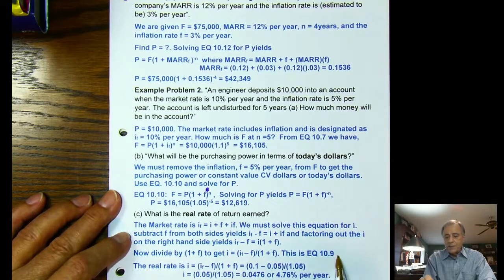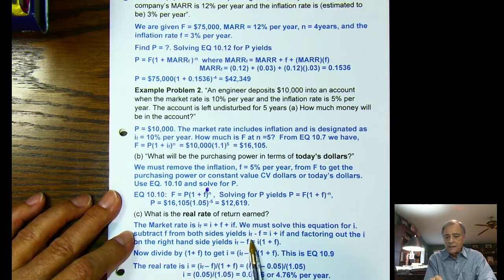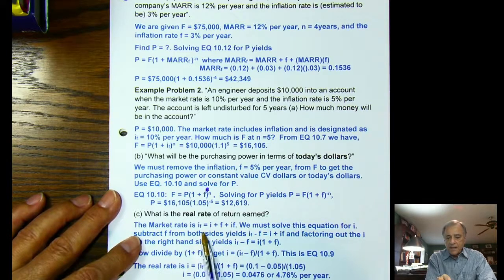We start with equation 10.6. 10.6 was I sub f equals I plus f plus I times f. This is equation 10.6. We're going to solve that equation for I. And we did that just a few minutes ago to get equation 10.9.